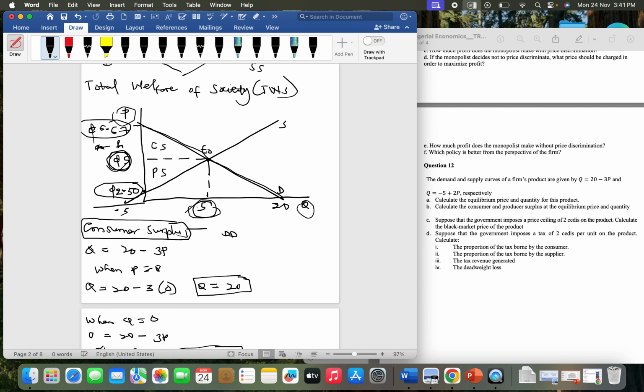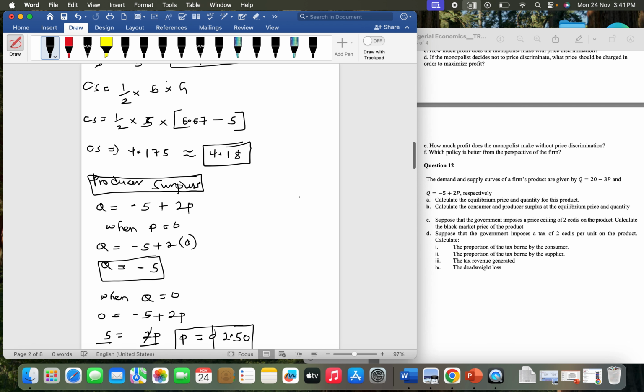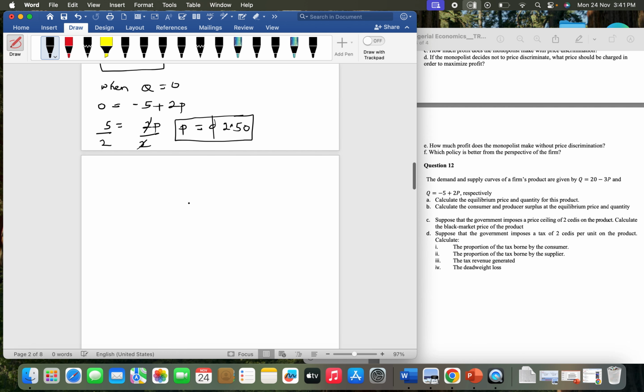So producer surplus will be this number here minus 5. Then we'll get the height also in the middle times the 5. So producer surplus is half times base times height. So we have producer surplus is equal to half. The base is 5.